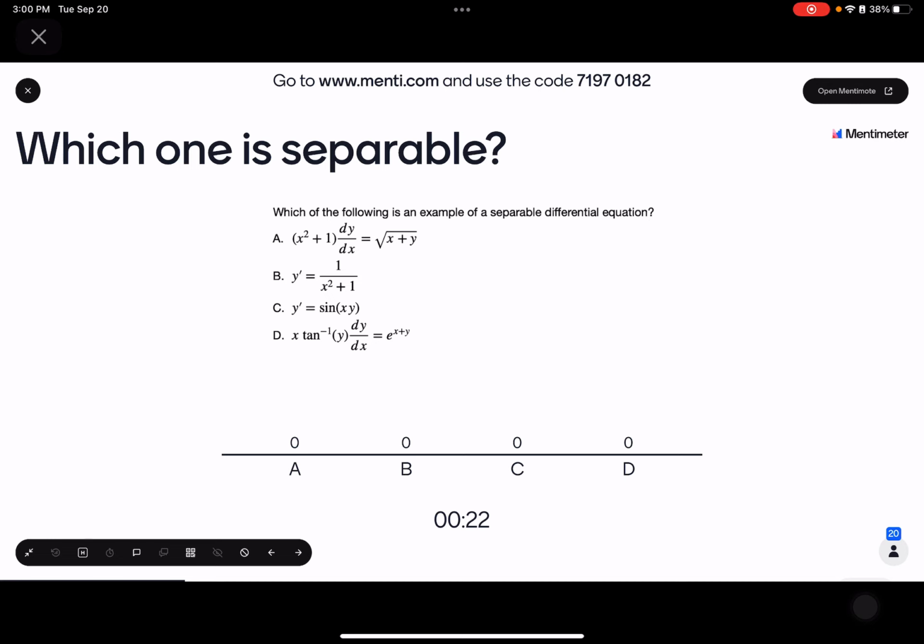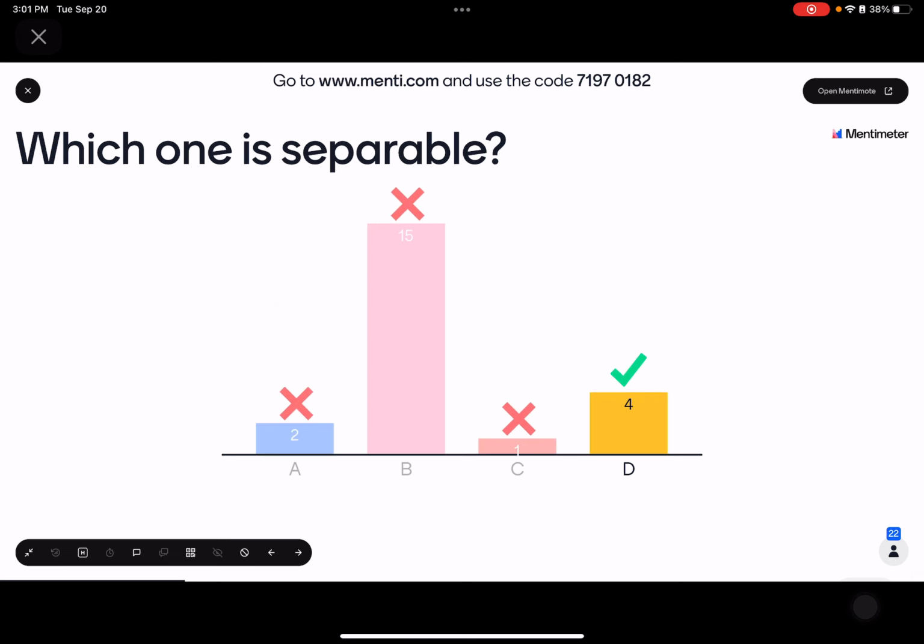I'm giving you 1 minute and a half, but if I give it in a quiz or midterm, you will have more time. This is just an exercise. The last one, you can separate the E, right?